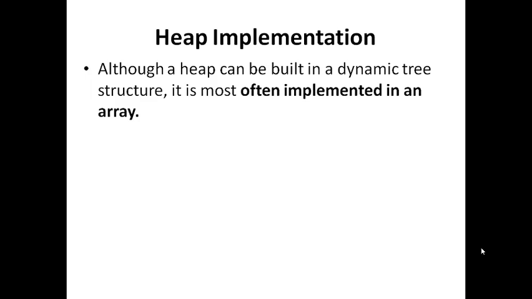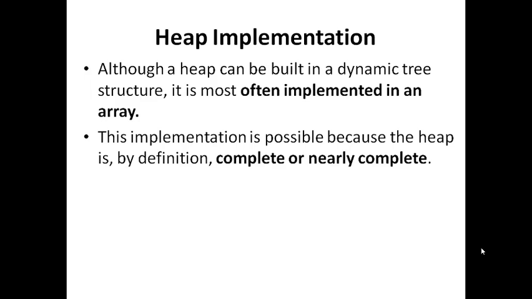Though this also can be represented using a linked list, an array representation is more preferred because of the characteristic of the heap tree. Unlike the other binary trees, a heap tree is a complete or nearly complete binary tree. As a result, an array is a simple and efficient way to represent a heap tree.